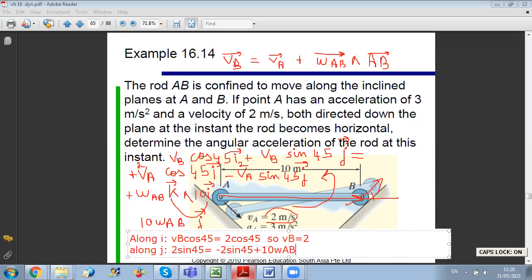So I can solve for omega AB. Omega AB is equal to 4 sine 45 over 10, so 0.4 sine 45. And I got my two unknowns, VB and omega AB, using the vectorial method.